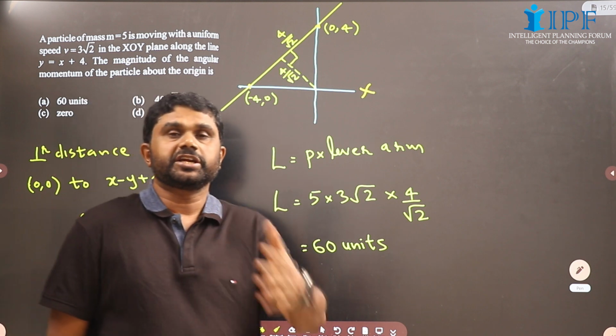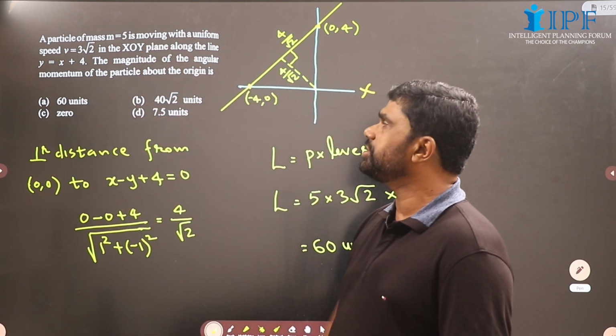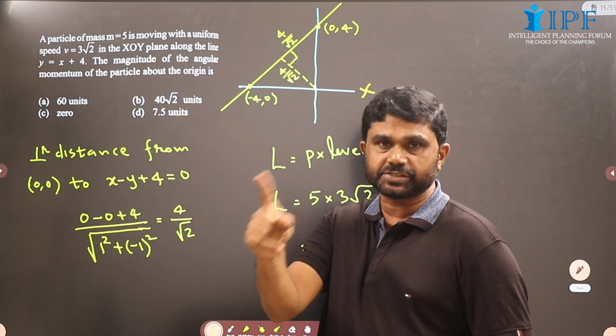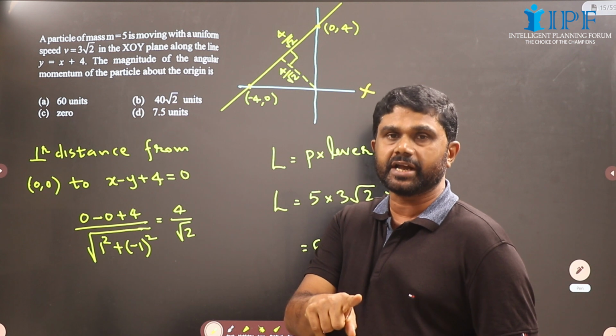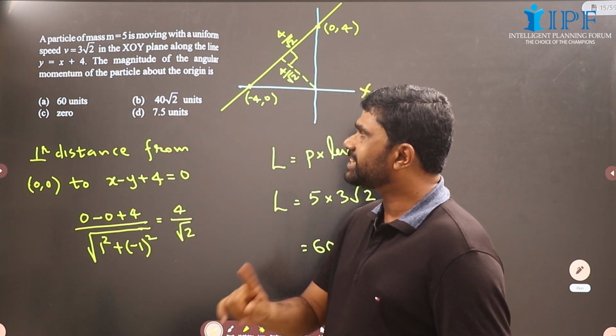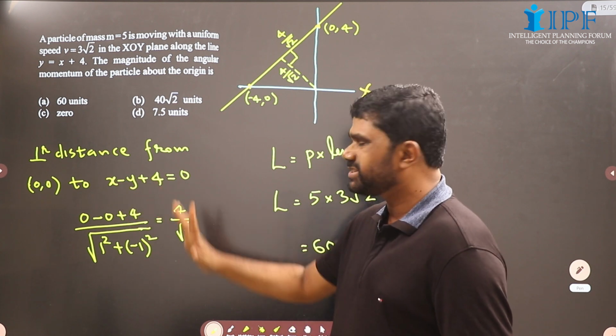Okay. Now children, the equation of the straight line along which the particle is moving is given as y equal to x plus 4. It can also be written as, take this y to the right, x minus y plus 4 equal to 0.